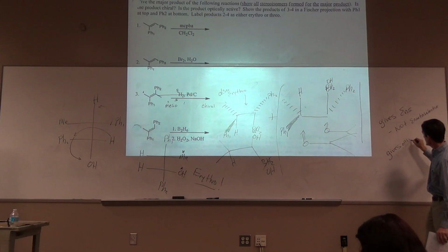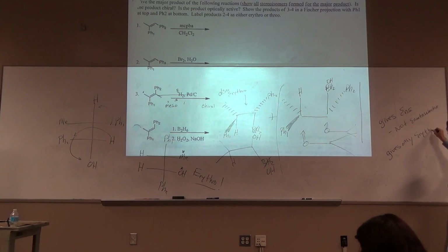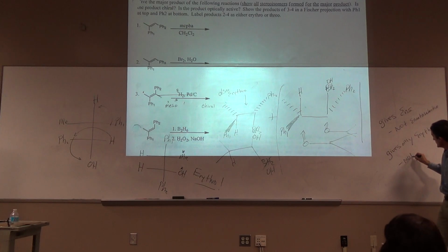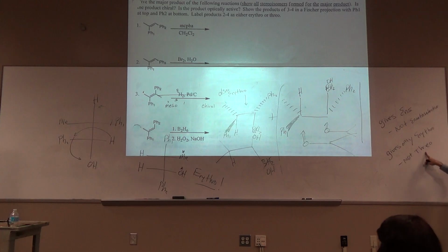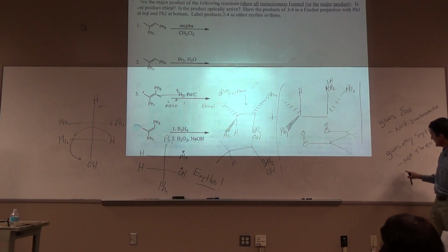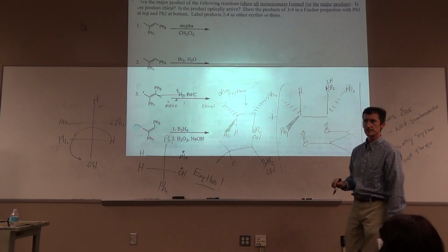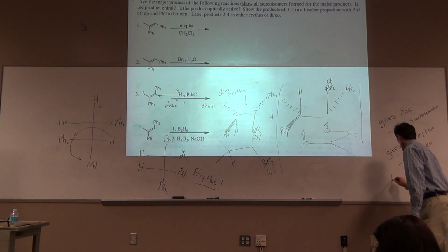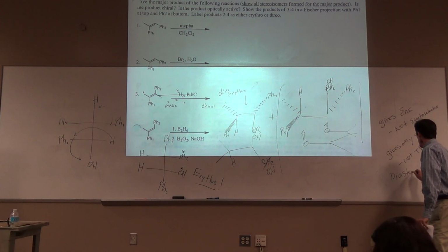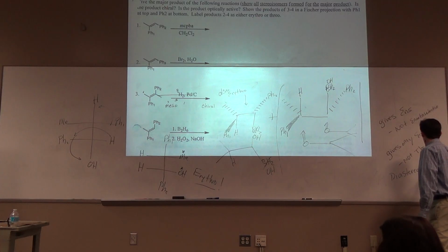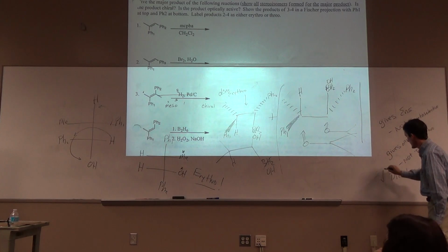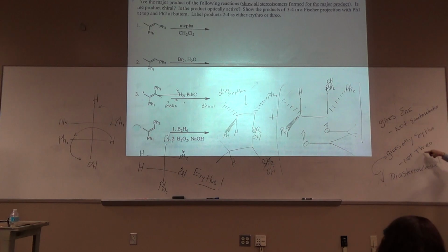Gives only erythro. For example, not threo. Did we get any threo here? No. So what's this relationship? Diastereomers. So is this reaction diastereoselective? Yes. This reaction is said to be diastereoselective because it only gives erythro, not threo.